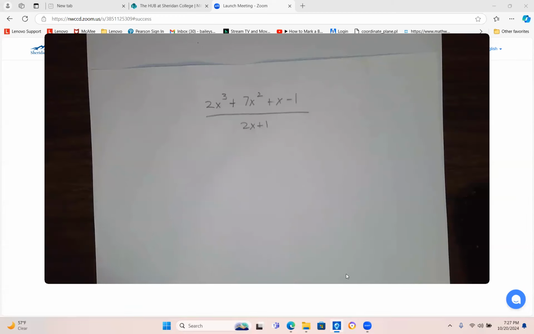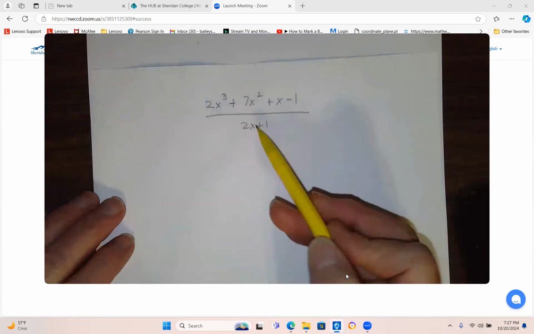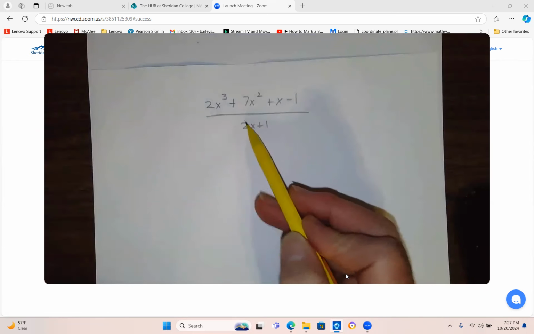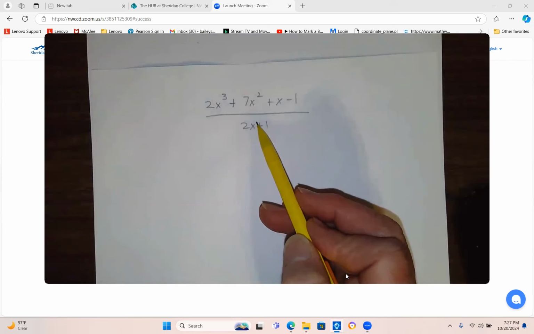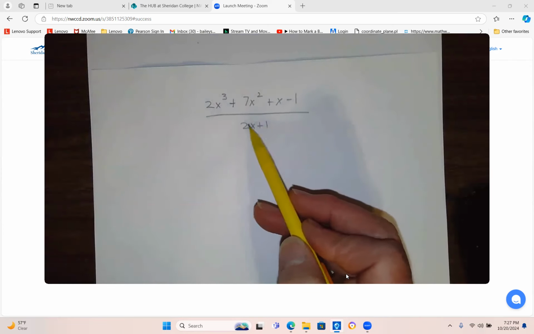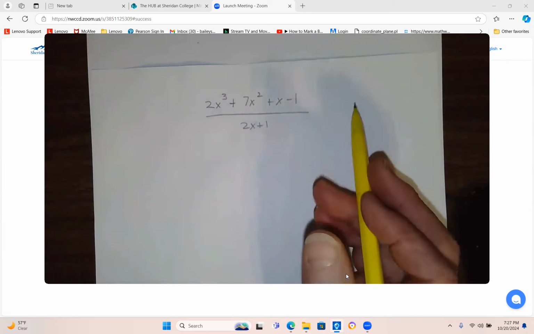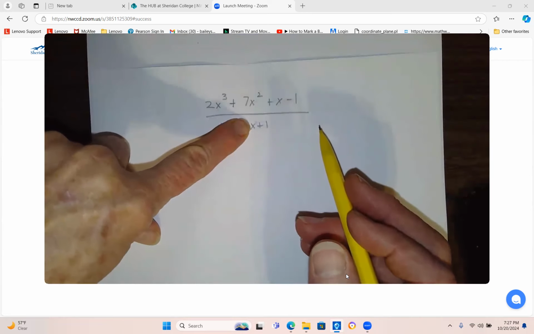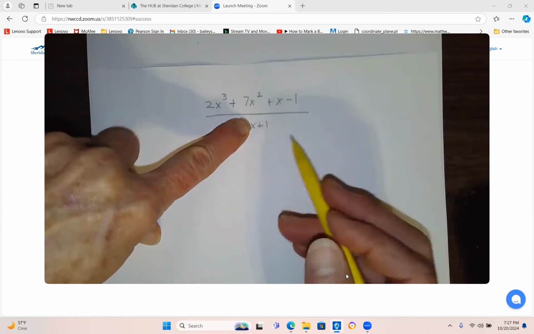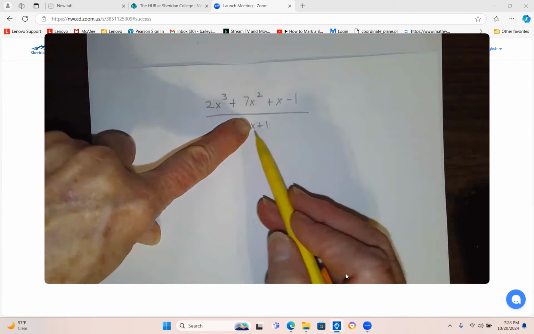The reason we cannot use synthetic on this one is that with synthetic, you need a 1 here. You have to have a coefficient of 1 and an exponent of 1. We do have the exponent of 1, but not the coefficient of 1. So without the 2, I could have used synthetic division, and we'll do an example where you put a -1.